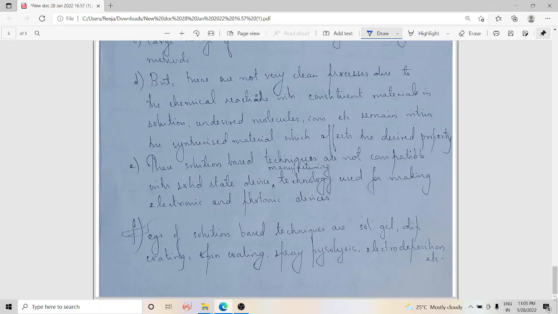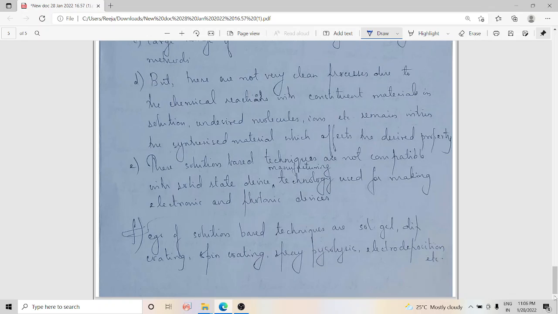Also, solution-based techniques are not compatible with the solid-state manufacturing technology used for making electronic and photonic devices, because these methods are solution based, so they are not compatible with our normal solid-state device manufacturing technology. Examples of solution-based techniques are sol-gel technology, electrodeposition, spray pyrolysis, spin coating, dip coating, etc.